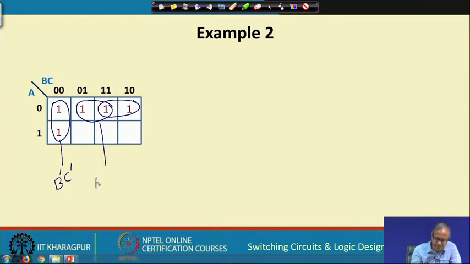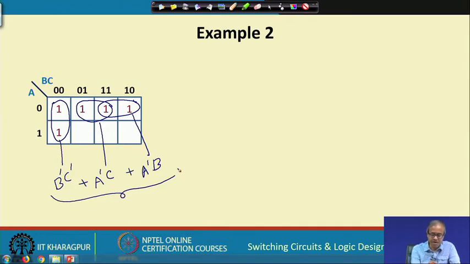This is a bar c, and this one is a bar, c cancels out, b remains, a bar b. So, there are 3 terms. Okay. But the point is, notice that this is not minimal, because I could have made the cubes even larger. This is just an example I have shown, but this is not the right process.